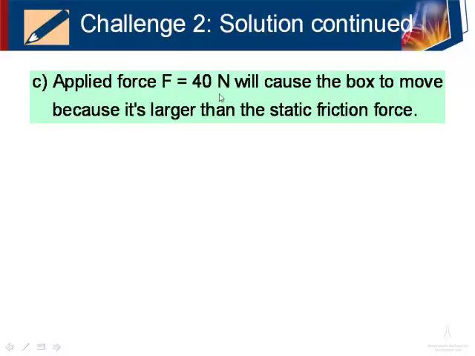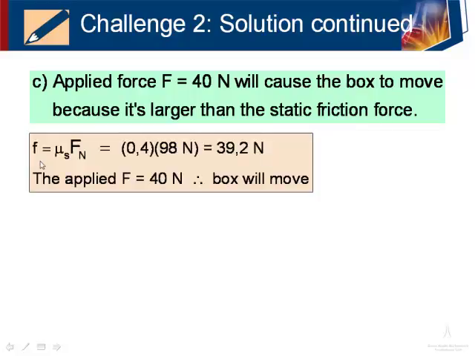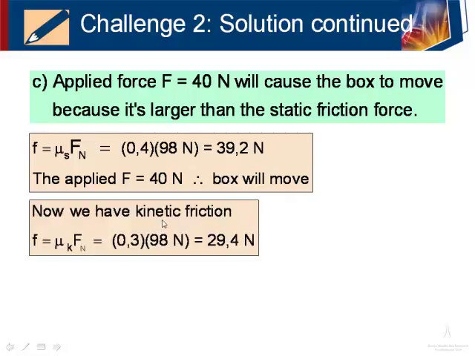Looking at solution C, when the applied force is 40 newtons, it will cause the box to move because it is larger than the static frictional force. Remember, we calculated the static coefficient of friction was 0.4, and we calculated the friction to be 39,2 newtons, and since the applied force is 40 newtons, the box will move. Now, using the kinetic frictional coefficient as 0.3 and the normal force as 98 newtons, we see the kinetic friction will be 29,4 newtons.